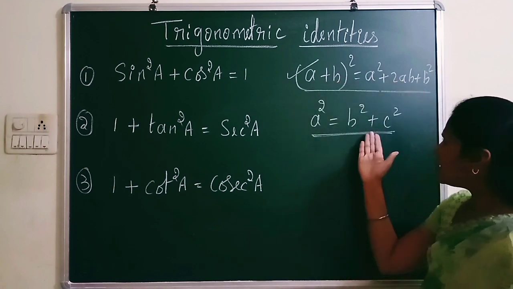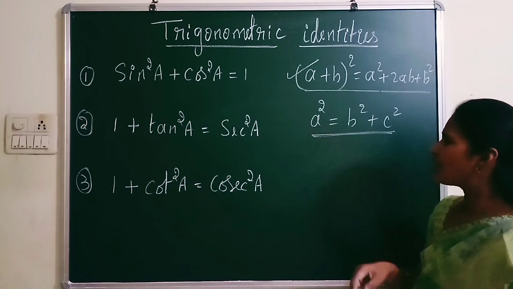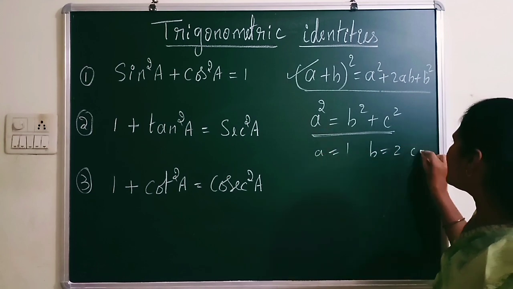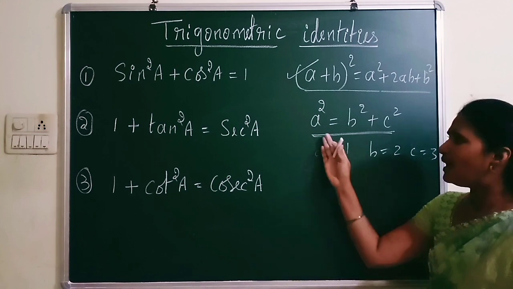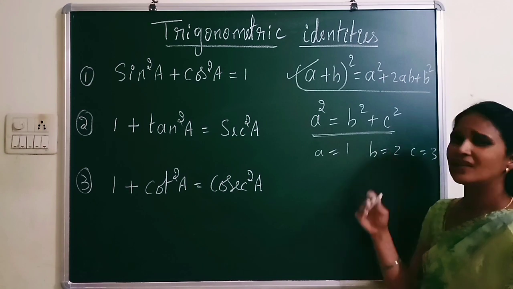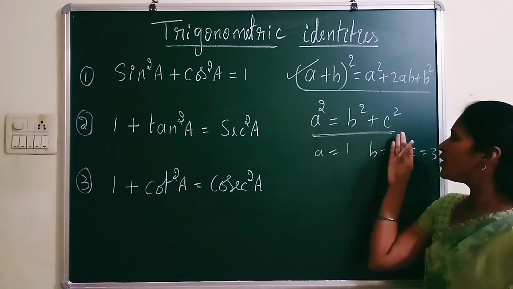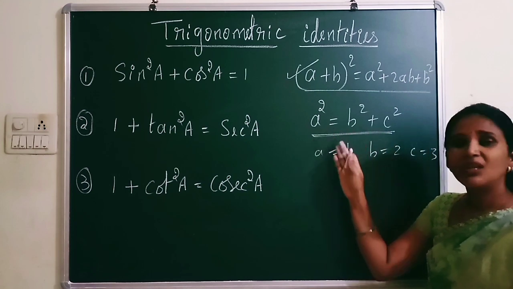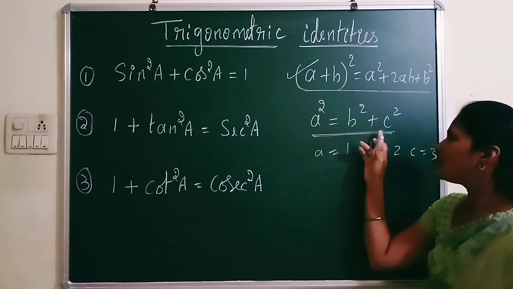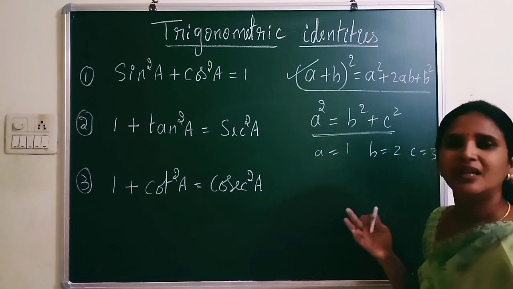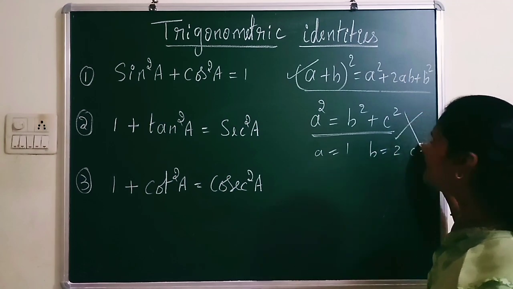But here if I take a as 1, b as 2 and c as 3, then LHS and RHS are not equal. If I take a as 0, b as 0, c as 0, or a as 1, b as 1 and c as 0, then they may be equal. But this statement is not true for all the values of a, b, c. Any real number you take, they are not equal. That's why this cannot be an identity.